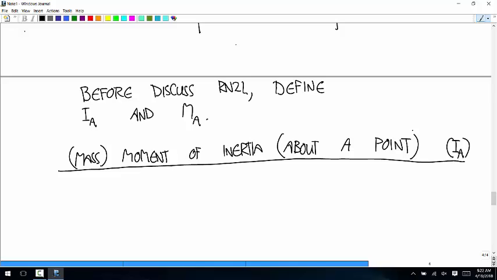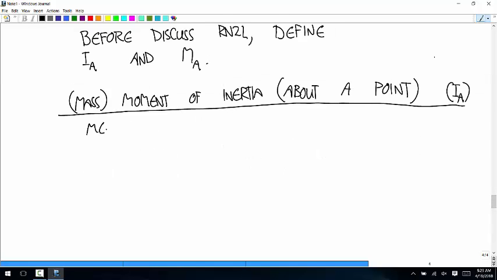There are other types of moments of inertia, so if you can't tell from the context, you need to have those words in there. And this measures how hard it is to get something rotating, how hard an object is to get rotating.